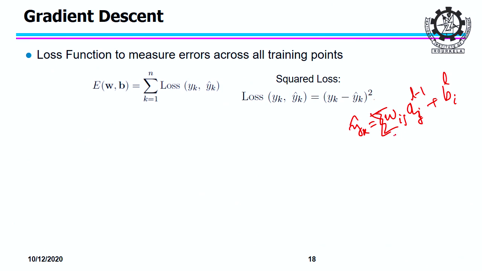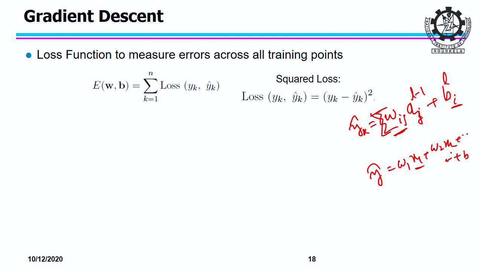This is a function of w_ij and b_j, because we will get the value. Earlier we learned that the predicted value y bar equals w1 x1 plus w2 x2 plus b.